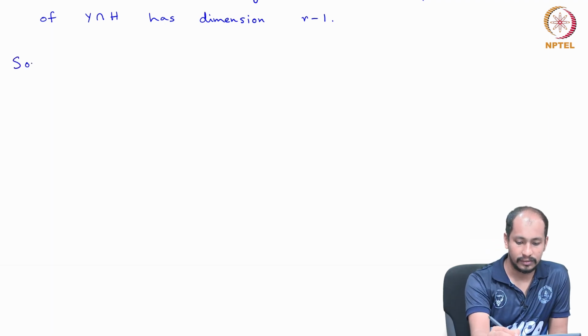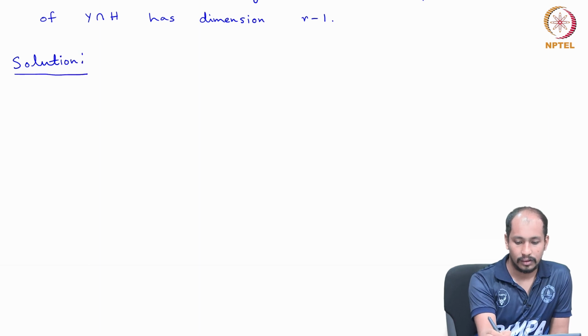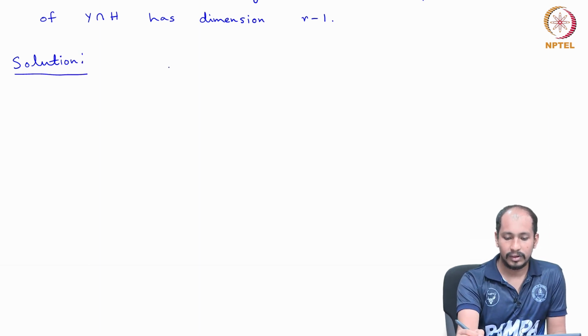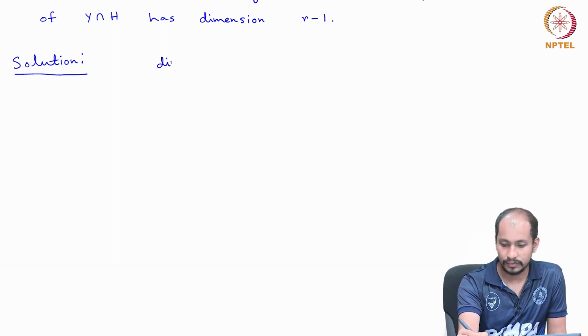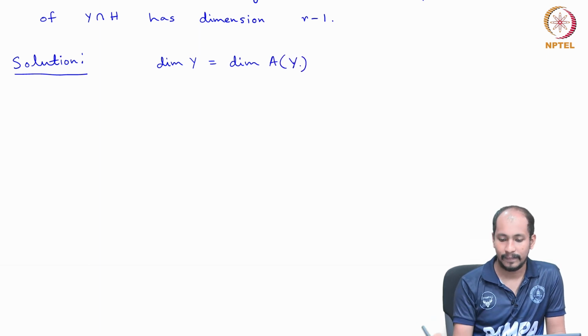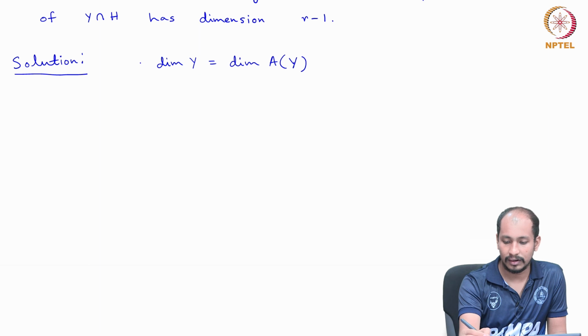Now solution. Now in our last tutorial we have already seen that the dimension of Y is equal to the dimension of the coordinate ring A(Y). Now here it is given that the dimension of Y is equal to r. Okay.